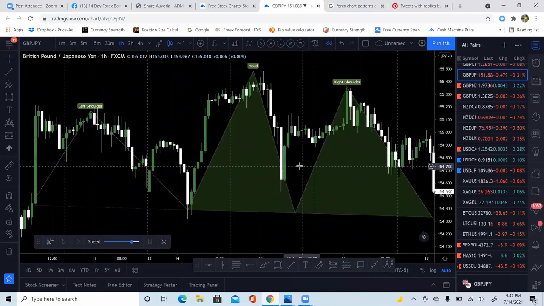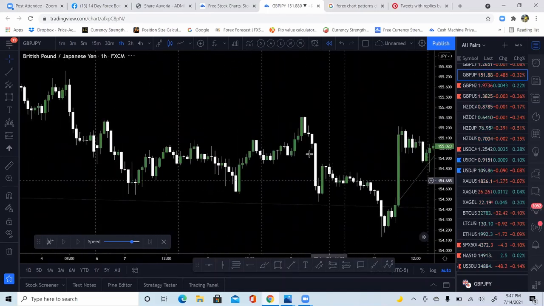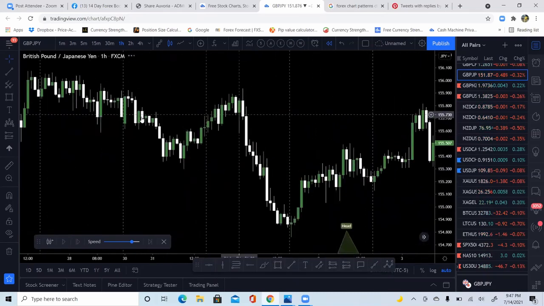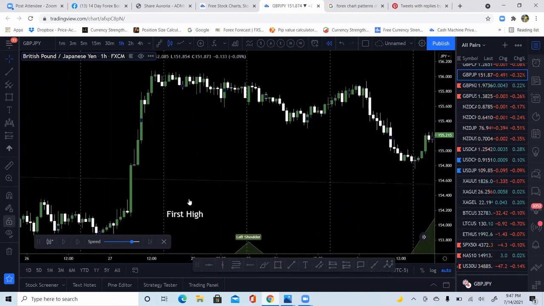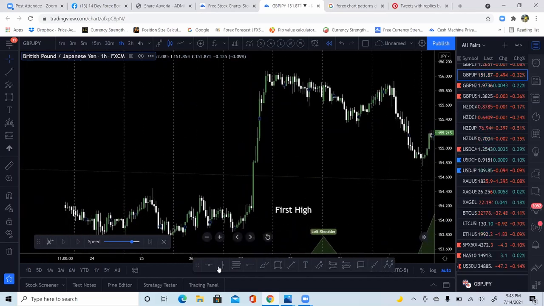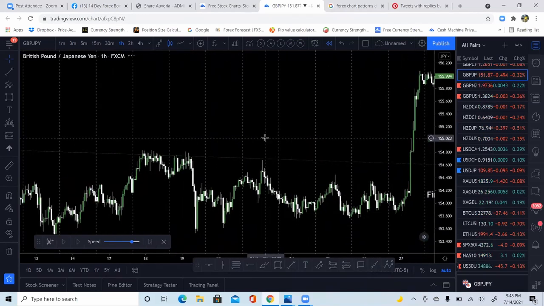So now when you start to see it, you start to not be so strict on what it is because you know that you're following the rules still. And then when you start to see it, they start to pile on everywhere. Zoom out. And as long as the first high and the lower high are at a somewhat similar level, then it counts.